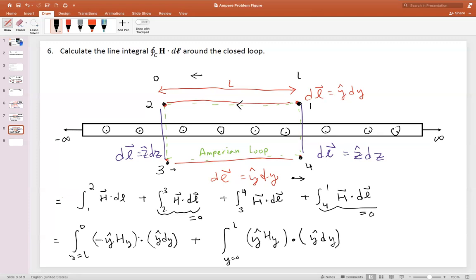Now, Hy is a constant, right? We've determined that Hy would be constant everywhere along this Amperian loop, which means that it's not a function of y. So these two integrals are going to reduce down to something fairly simple.